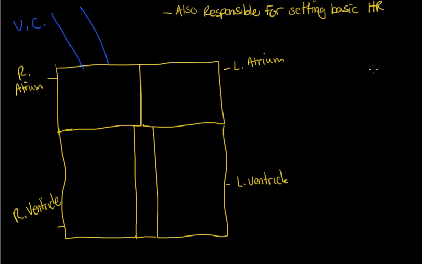After it's been oxygenated, it comes through the pulmonary veins back into the left atrium, and then is pumped into the left ventricle, and then pumped out through your aorta. So we'll draw the aorta coming out from the left ventricle. That's the flow of blood.